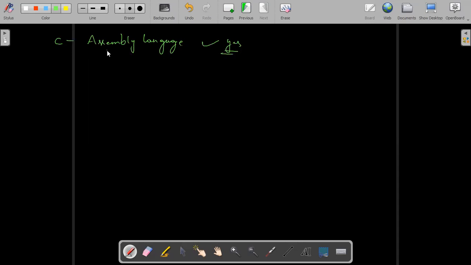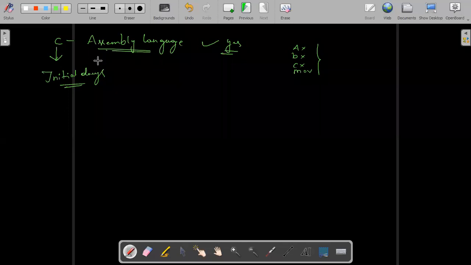Because in the initial days, when we were using C, the C language compiler was written in assembly language, that is the AX, BX, CX, move instructions. Using this assembly language, they wrote the C compiler.